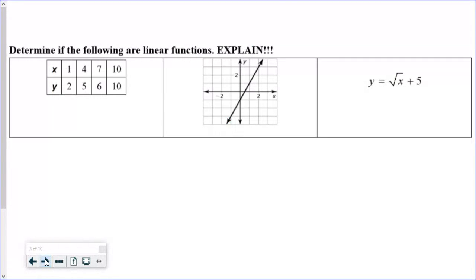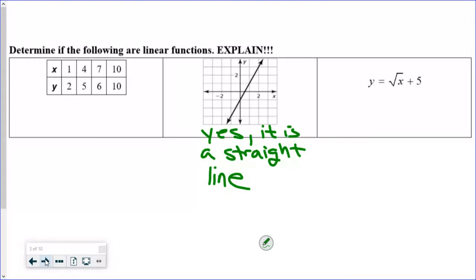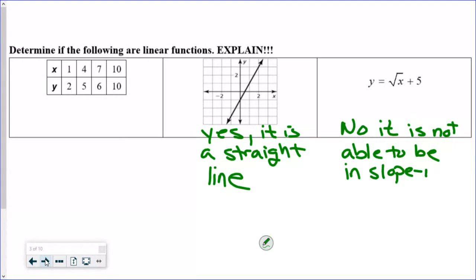Okay, next, linear or nonlinear. Linear could mean straight line. For example, this middle one, yes, it is linear. Why? It is a straight line. It's as easy as that. I'm going to skip around. This one at the end, no, it is not able to be in slope intercept form.